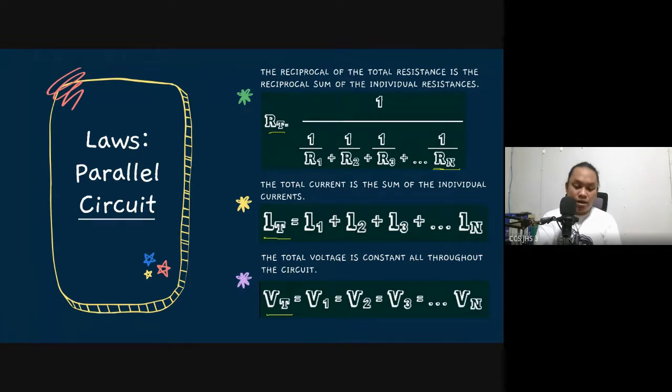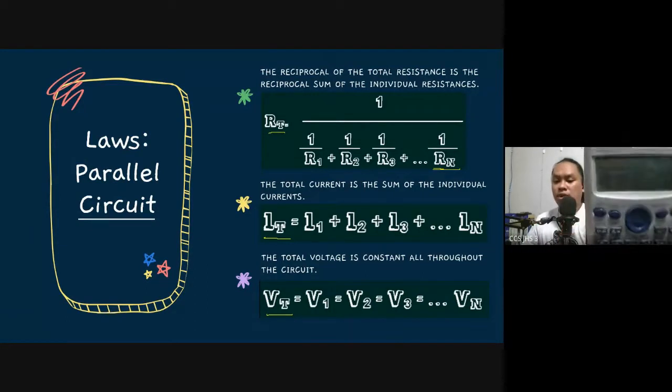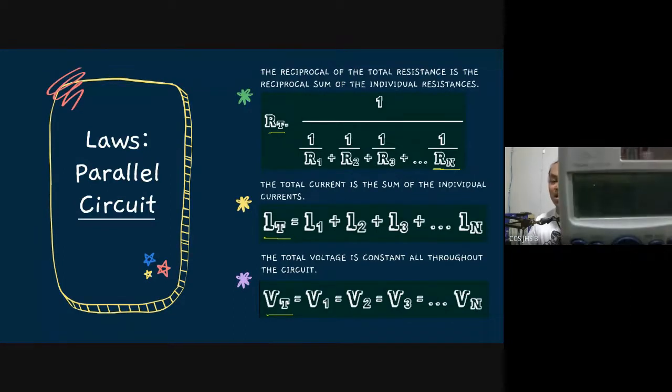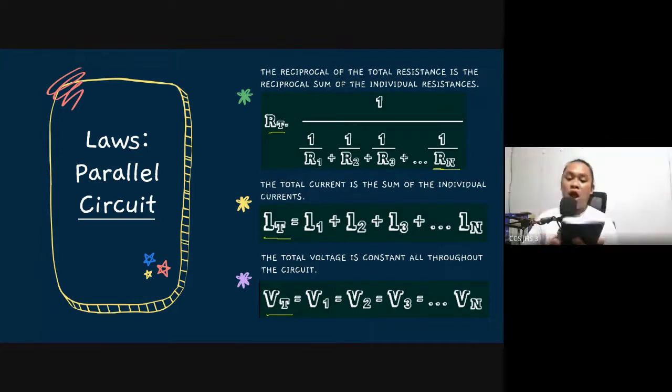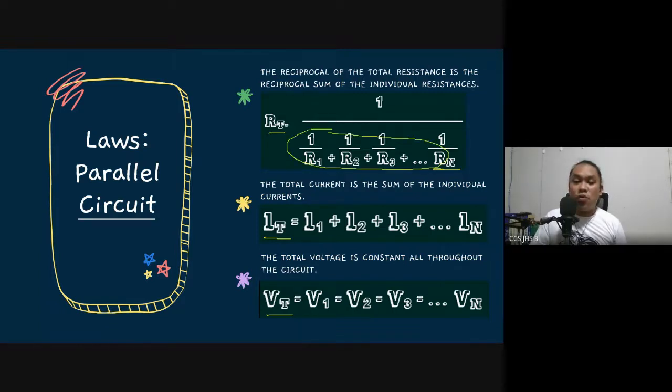Okay, so my calculator, I hope you can see it. My calculator can input the same structure as the formula. In case your scientific calculator cannot do this, one easy way for you to solve it is to input first the denominator: 1 over R sub 1 plus 1 over R sub 2 plus 1 over R sub 3.